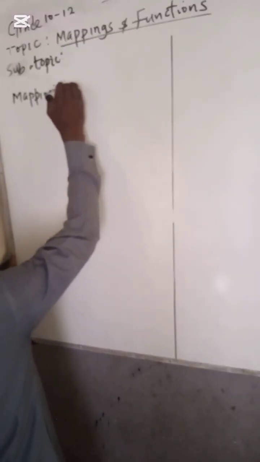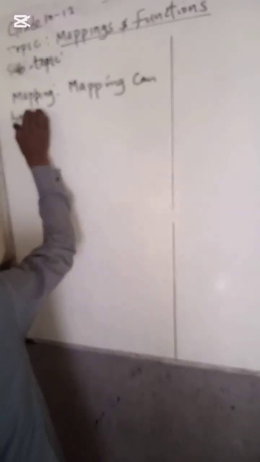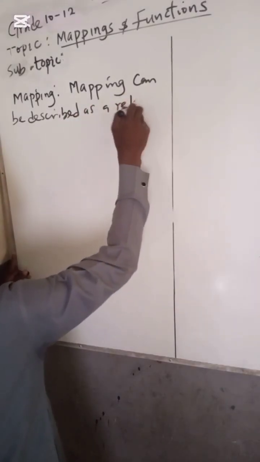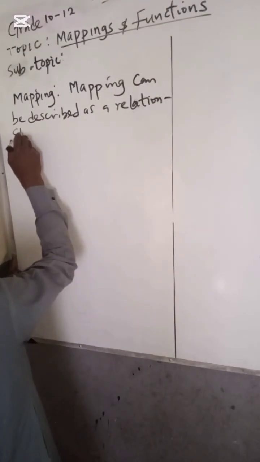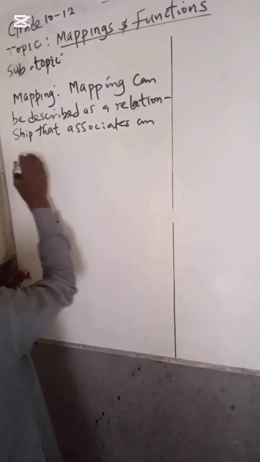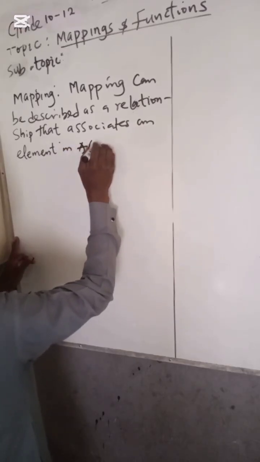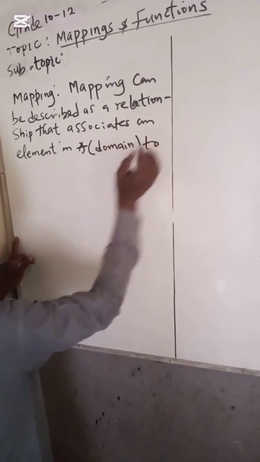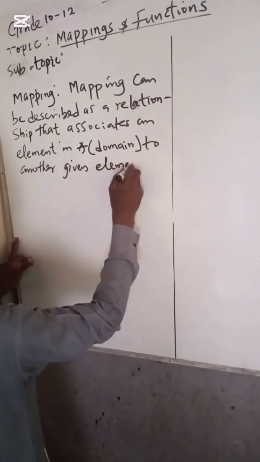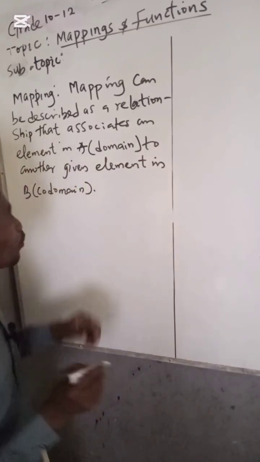Mapping is simply, mapping can be described as a relationship that associates an element in A, let's say A, which is called domain, to another given element in B, which is called codomain.